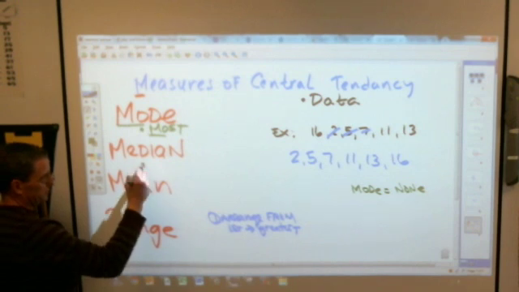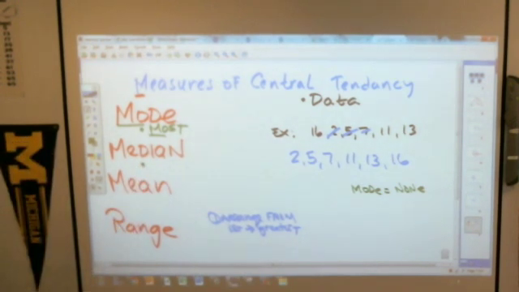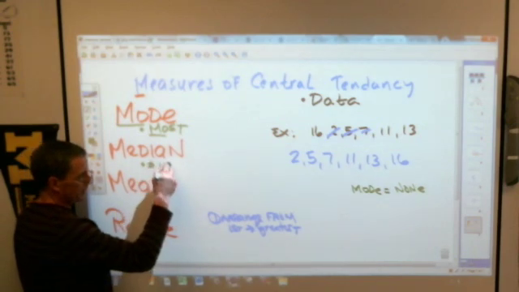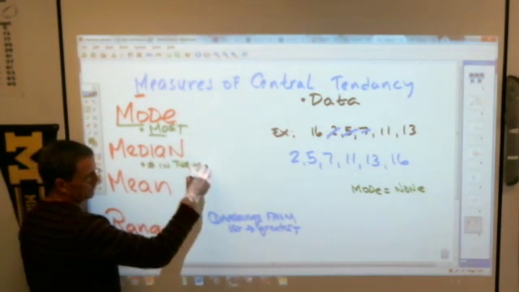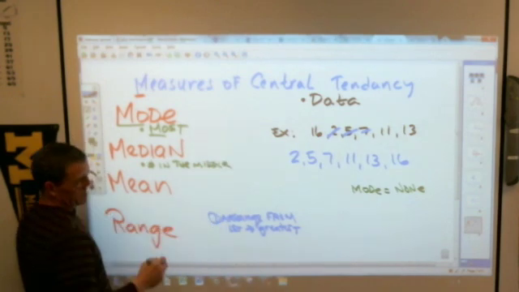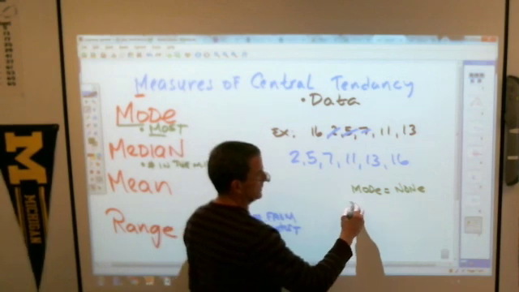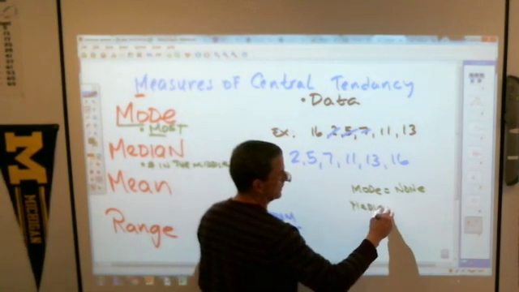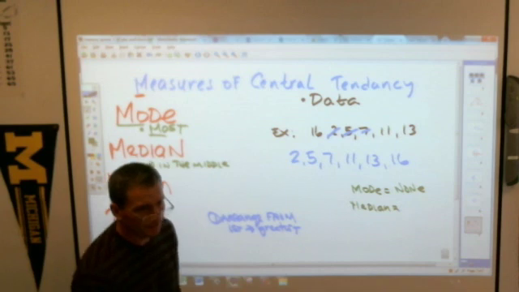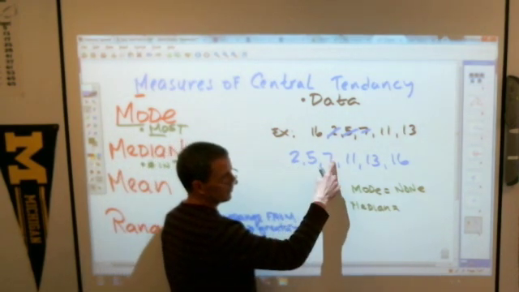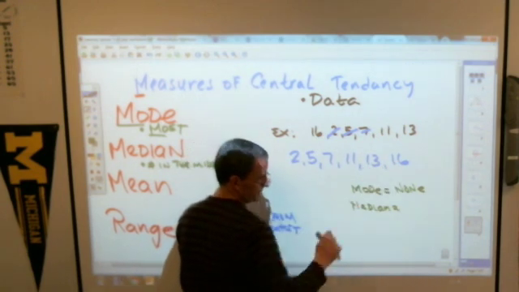Now the median. Anybody think they know what the word median means? Sometimes you see medians in places. Sam? It is. Median is the number in the middle. Okay, it is the number in the middle. I'll write median down here. If you look at these numbers, the way to find the middle number is you have to count how many numbers you have. 1, 2, 3, 4, 5, 6.